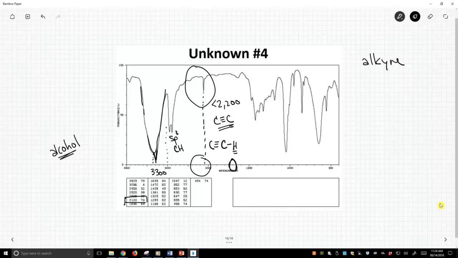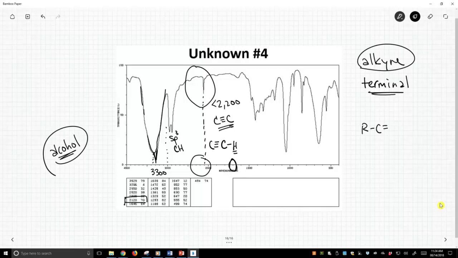So that little point is further evidence that not only do we have an alkyne, but it looks like a terminal alkyne, where the alkyne is on the end of the chain. So this molecule looks like it has an alcohol. It almost certainly has an alkyne, and that alkyne itself is probably dangling off the end of the chain. We don't have the alkyne sandwiched between our groups. We have an alkyne that's on the end of a molecule.